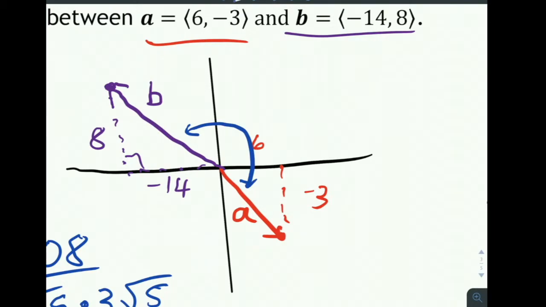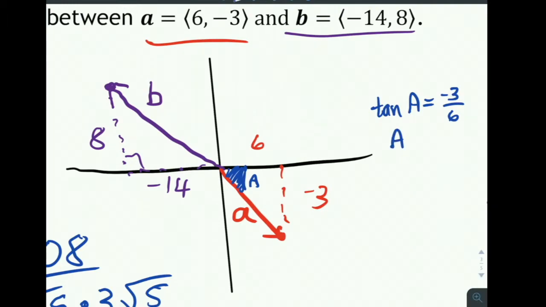If you take it one triangle at a time, we start by finding this angle, which I'm going to call angle A. Tangent of angle A is opposite over adjacent, so negative 3 over 6. So if you do arctangent, you get that it's approximately negative 26.57 degrees.